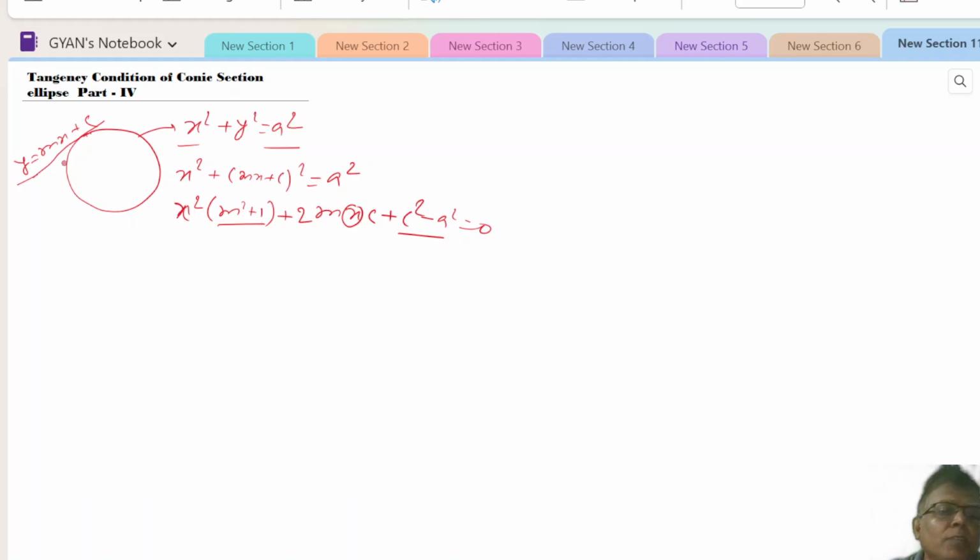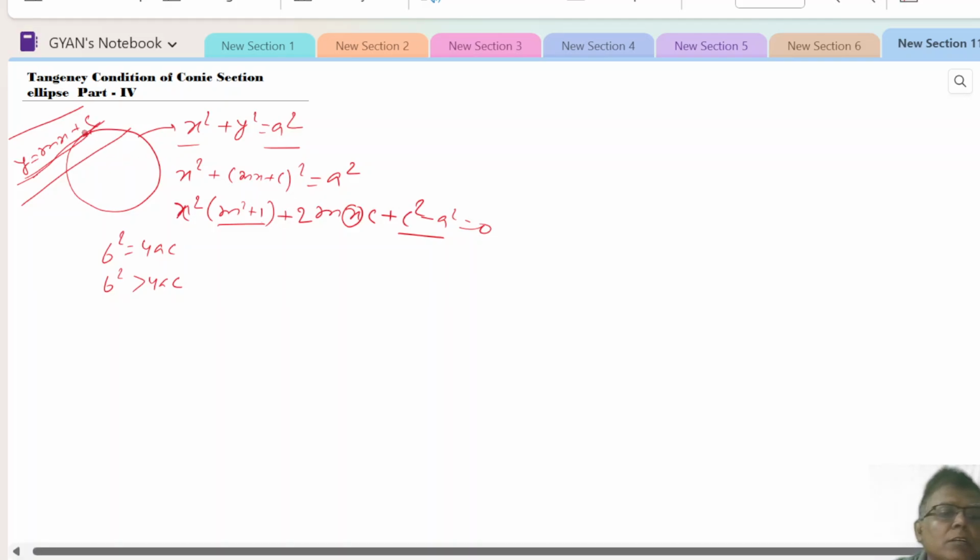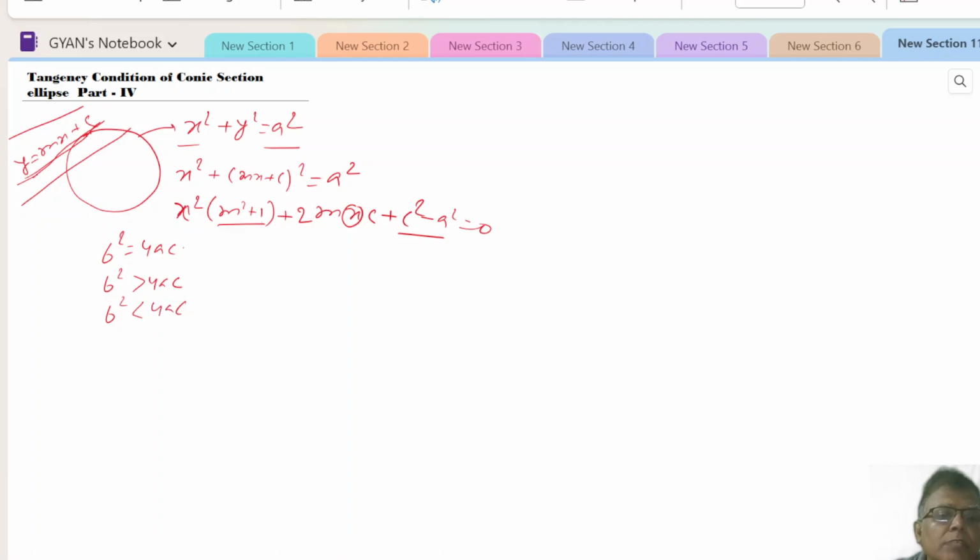If it is tangent, then this quadratic equation gives b square is equal to 4ac. If it is not tangent but cutting at 2 points, then b square should be greater than 4ac. If it is neither cutting nor tangent, then b square should be less than 4ac. So it has to be tangent, then b square is equal to 4ac.